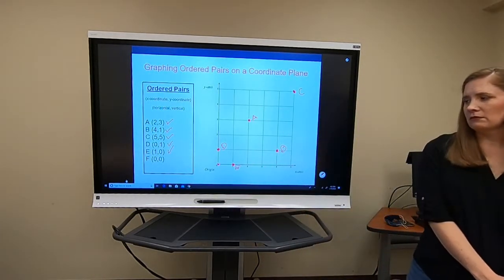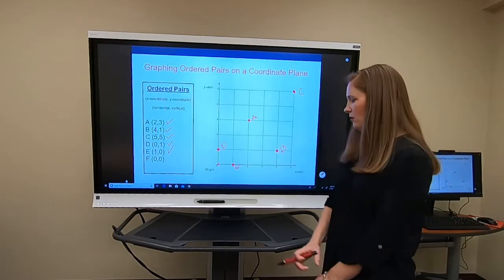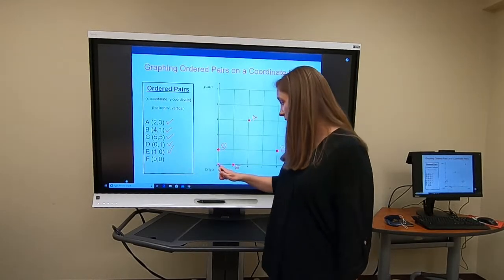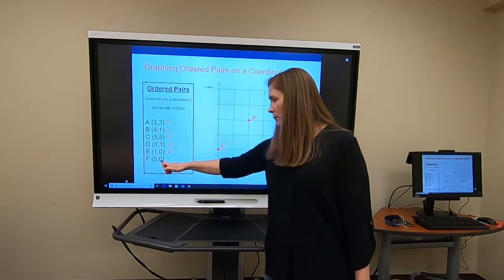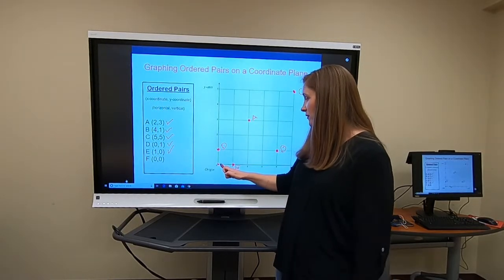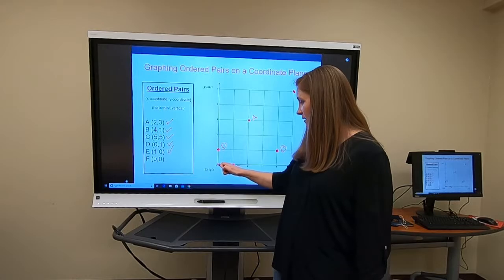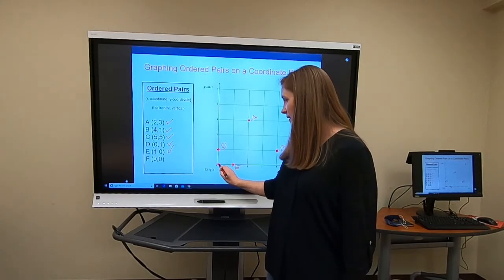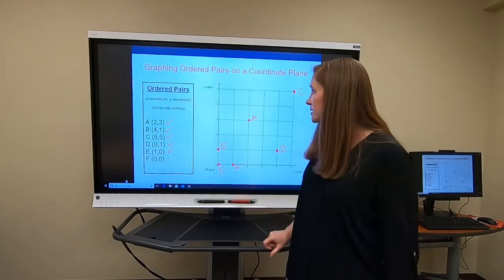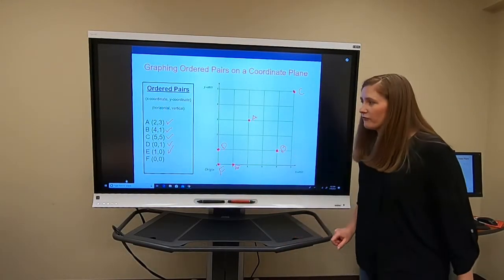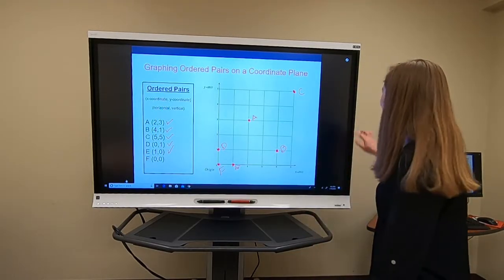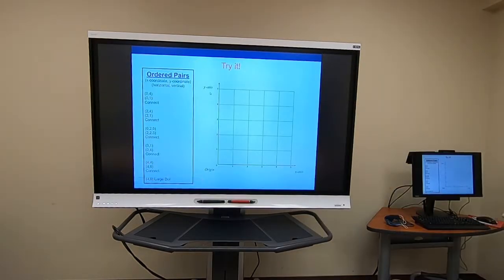Now, point F. So I start at the origin, but it says 0, so I don't move horizontally, but then it says 0 again. So I what? I don't move vertically. So this is 0, 0, which is point F. So we have just successfully labeled our first grouping of ordered pairs. Congratulations. Now we're going to try this.